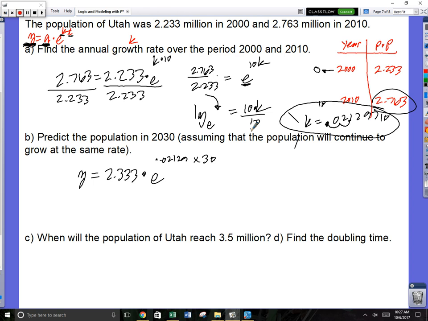So 2.333, no, it's not 2.333, it's 2.233. So here we go. That's the detail thing. Gotta go slow and pay attention to detail. So 2.233 times e. I'm gonna go up and grab that k.